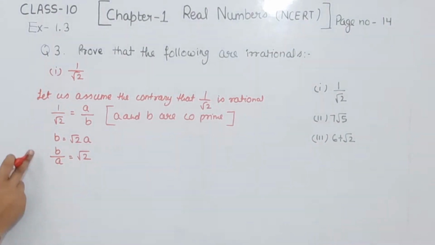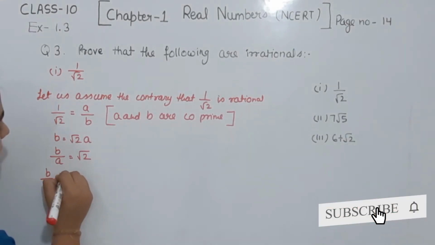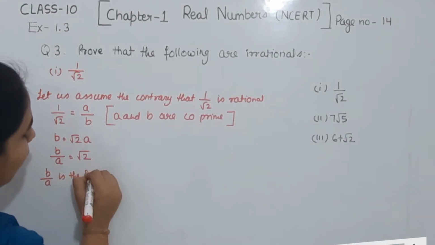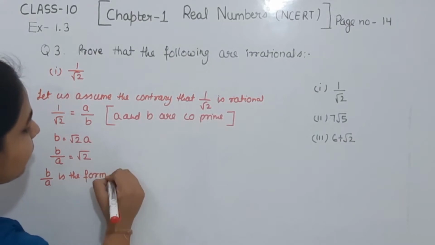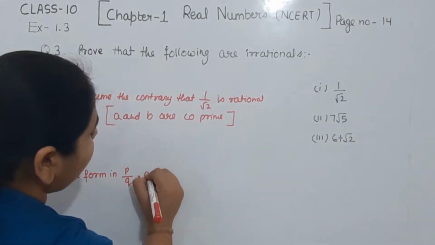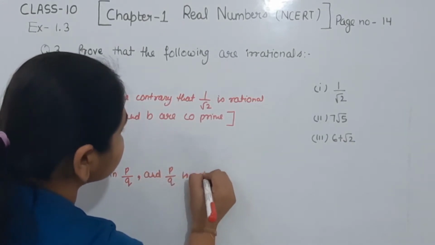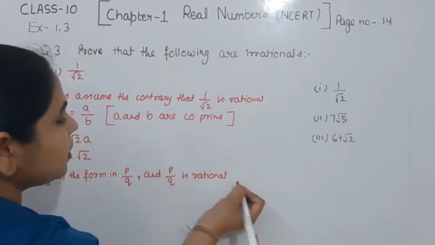This b by a is in the form of p by q, and p by q is a rational number.